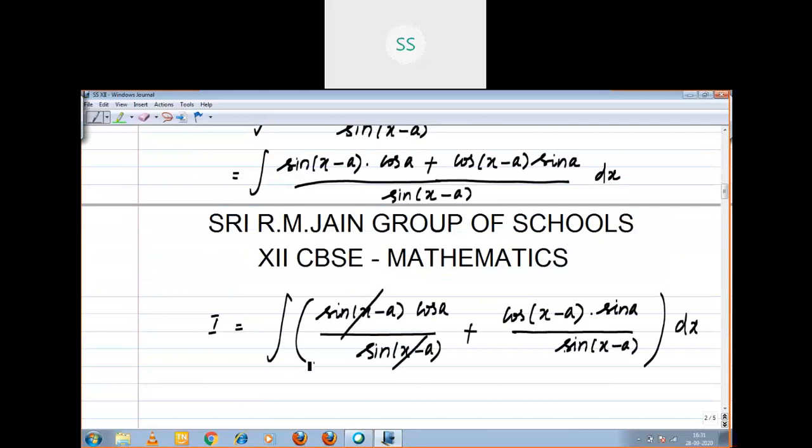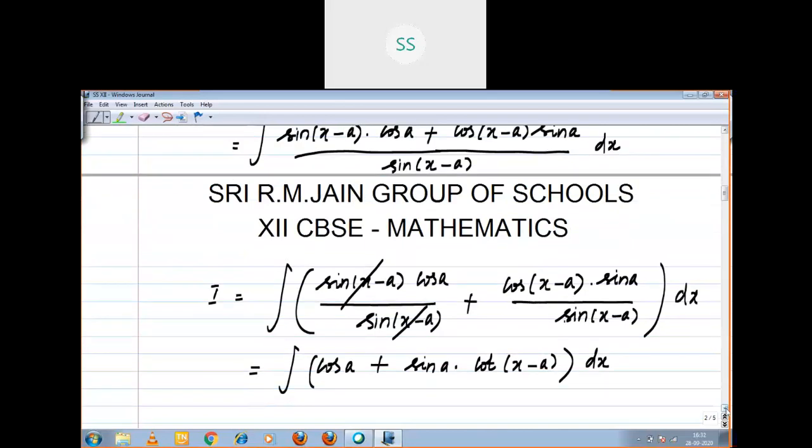Sin x minus a cancel. So what can you get? Integral cos a plus sin a into what? Cot x minus a. Cos by sin it represents cot. That you know. Basic things and all you know already, right?